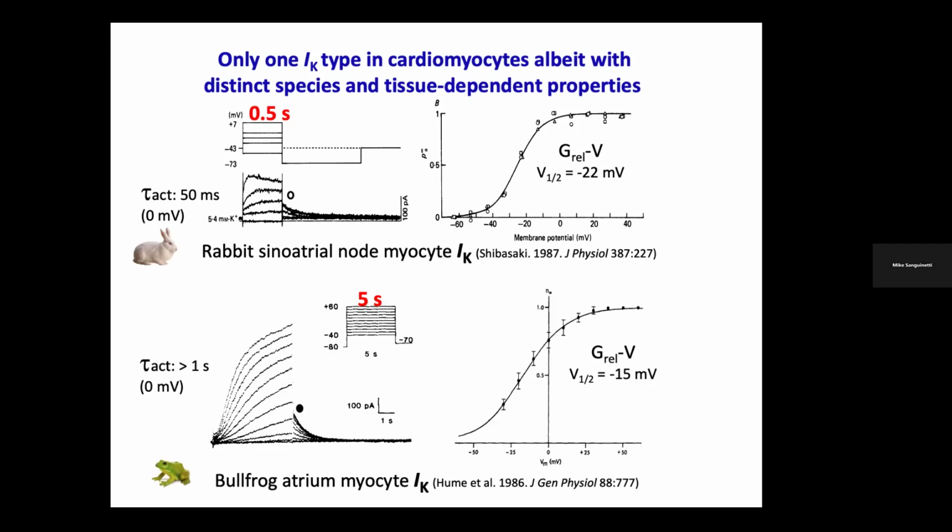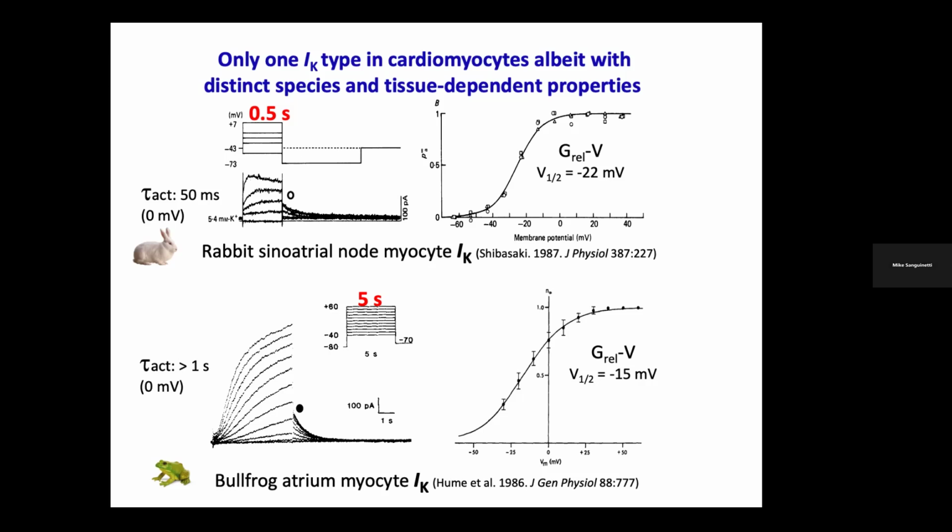And then in another vertebrate, in this case bullfrog atrium myocyte, the researchers, this is Joe Hume, who I knew very well back then, recorded a very slowly activating current, sort of like that IX2 that the Oxford group had shown. Again, this is during a pulse duration of 5 seconds.